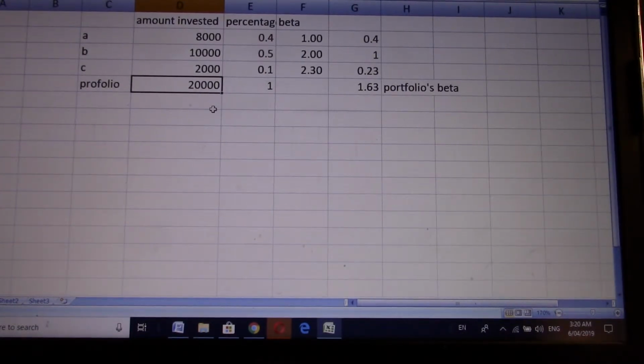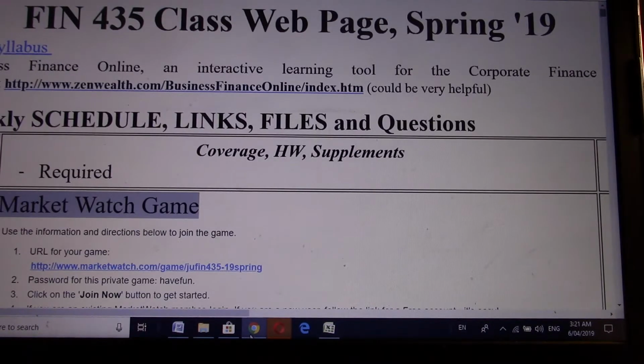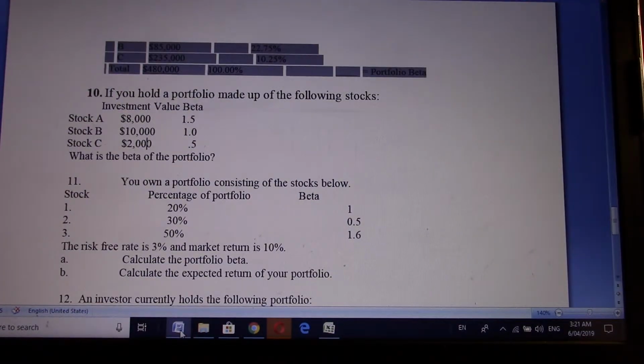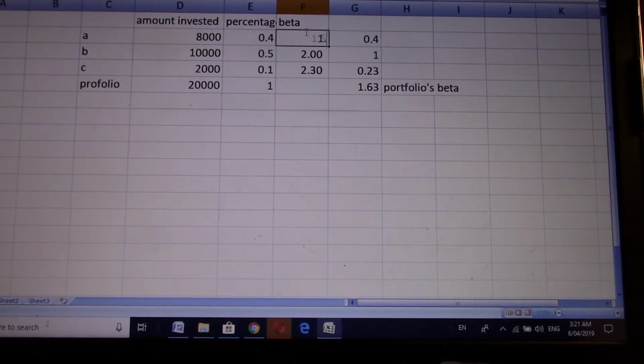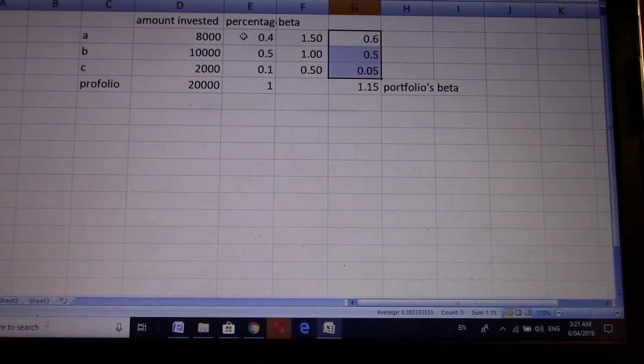Okay, so your total portfolio's dollar invested is $20,000, and this is the column of E, tells you the percentage of each stock in this portfolio, and the beta for each stock is given: 1.5, 1, and 0.5.